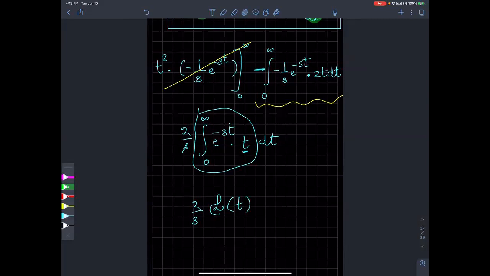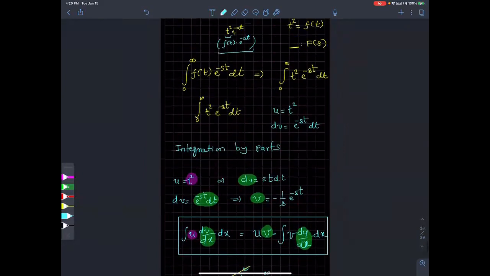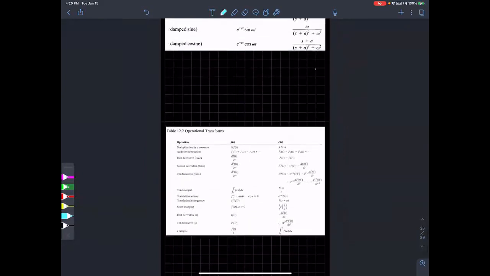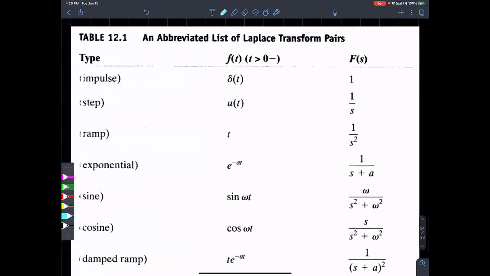That incorporates this guy as well, because that's the definition of a Laplace transform. Now it is straightforward, because knowing that this is the Laplace transform of t, I can go back to my table and see what the Laplace transform of t is.